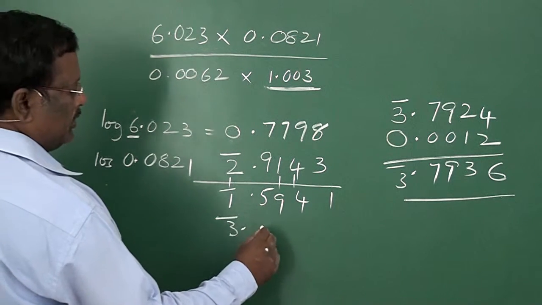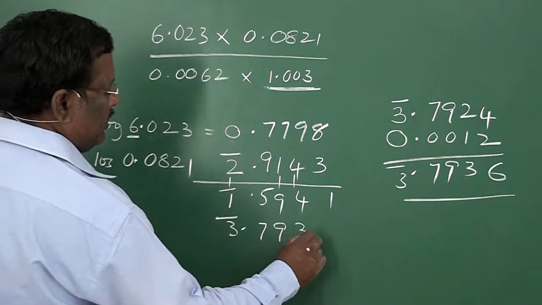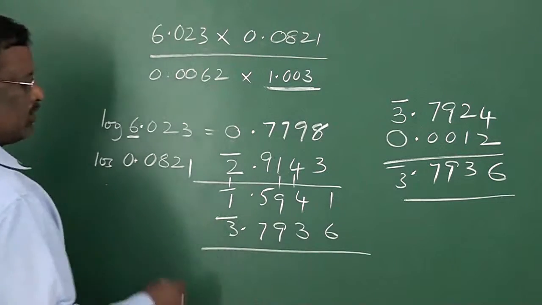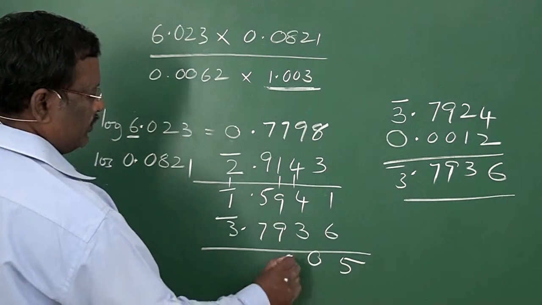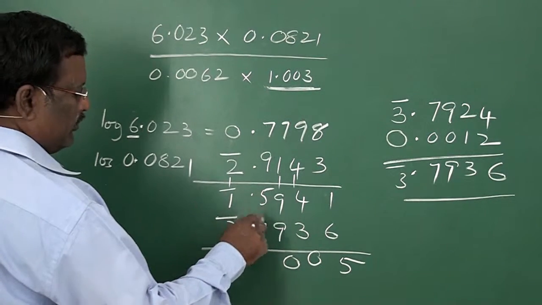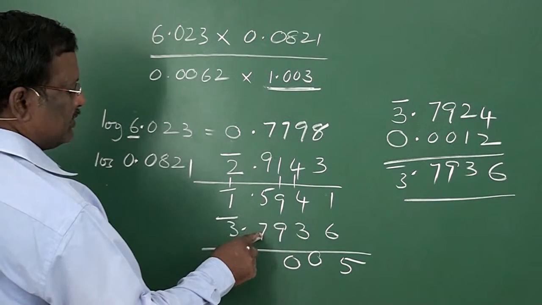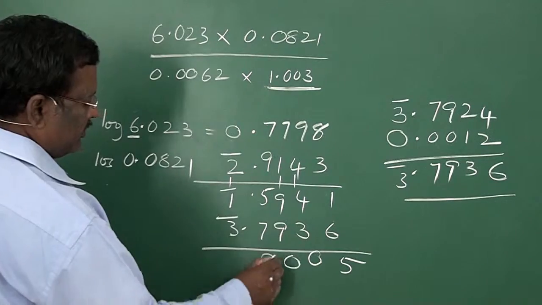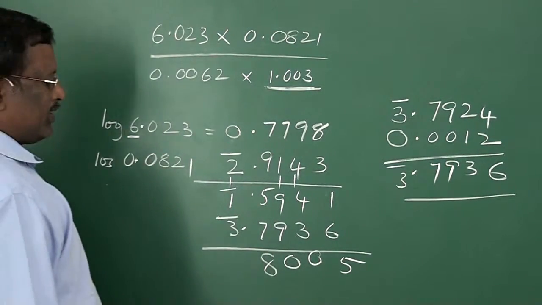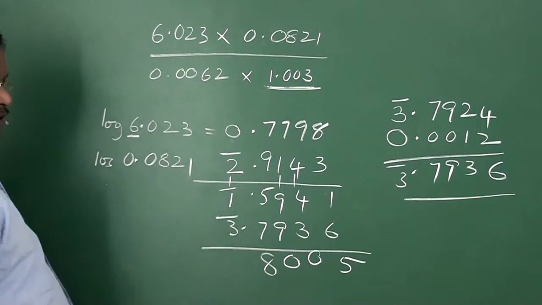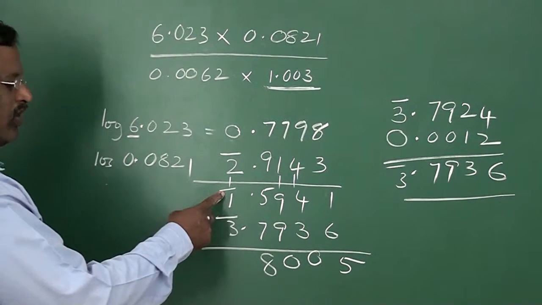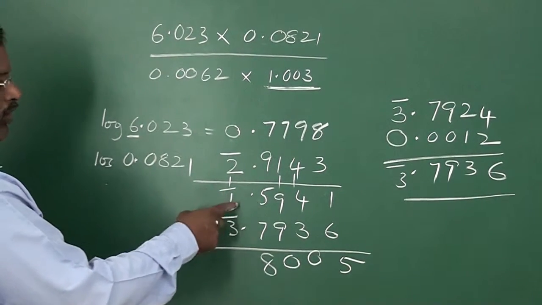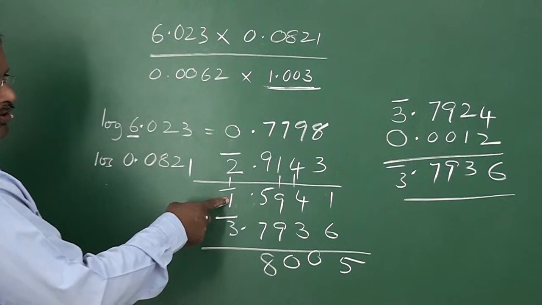Now you subtract this one from bar 3.7936. While subtracting, when negative values are there, if you carry one to that side, for a positive value it becomes 0, but this is a negative value.